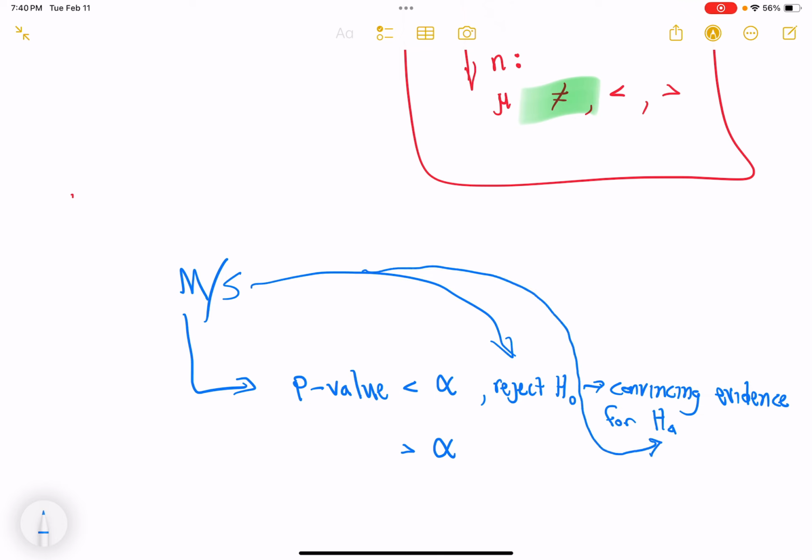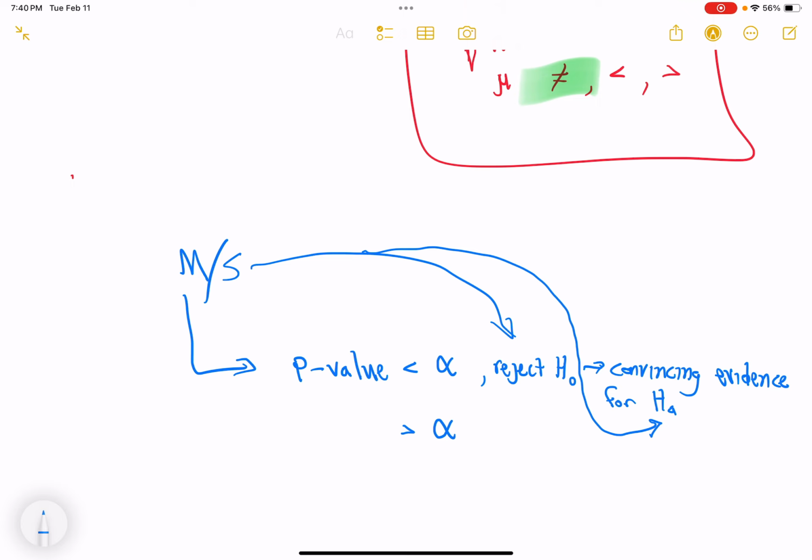So we reject the null height, or the null hypothesis that the mean height for all students is 5'9", because there is convincing evidence that the mean height for all students is greater than 5'9", if that indeed was our argument.